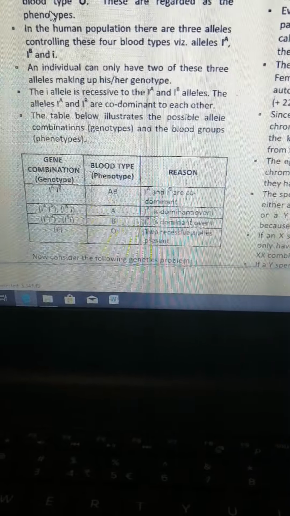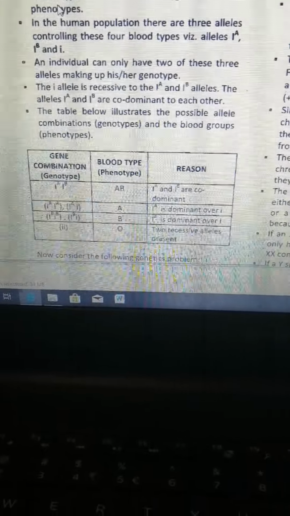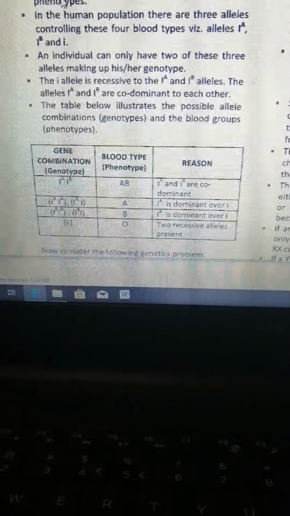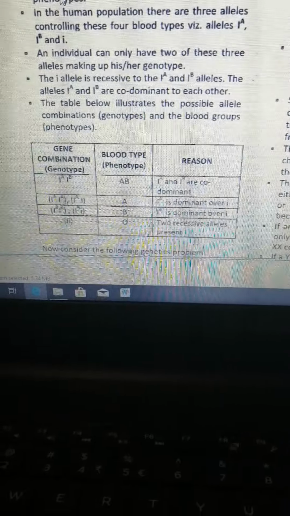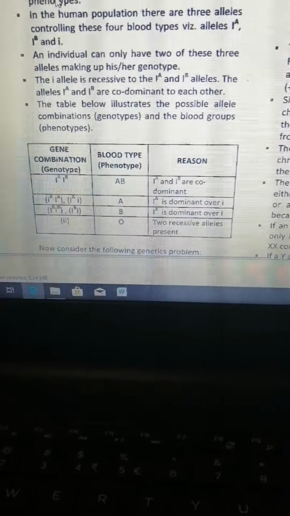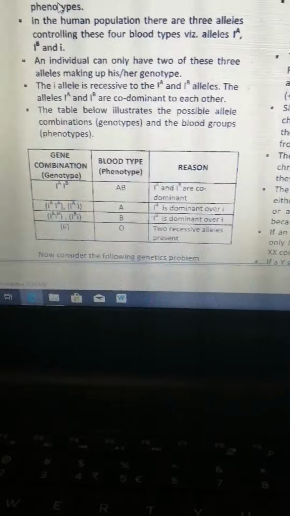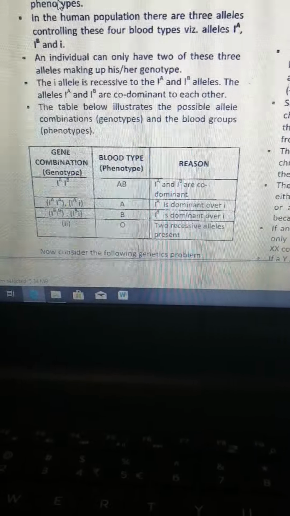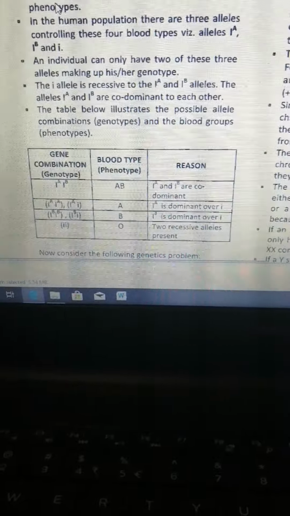Now, a person with blood type A will have the genotype capital I to the power A and capital I to the power A, or he or she can have capital I to the power A and the small letter i, to show that I is dominant over the small letter i.